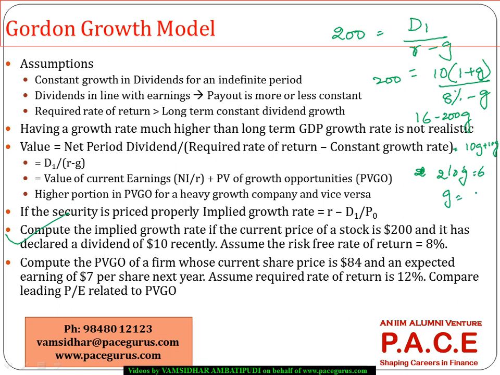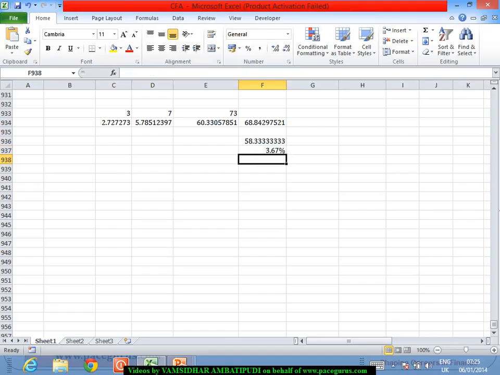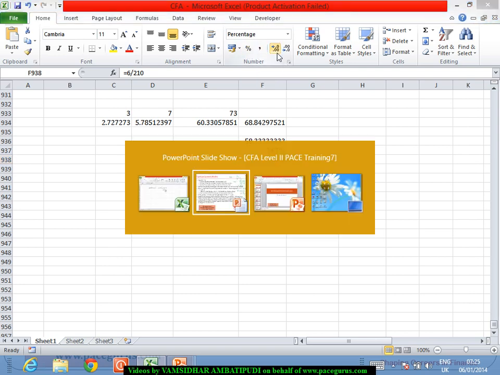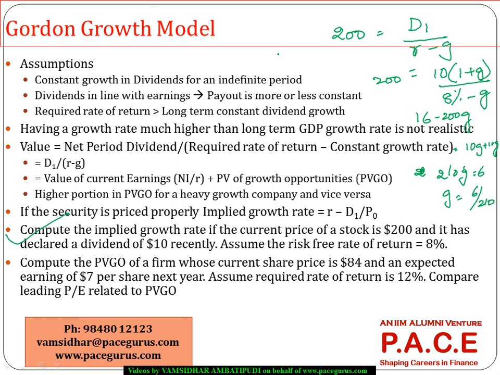So g comes out as 6 divided by 210. So g is working out to 2.86%. So that is the implied growth rate in this particular process.